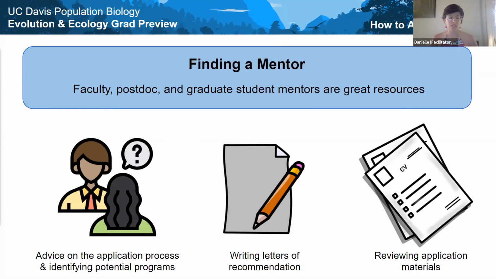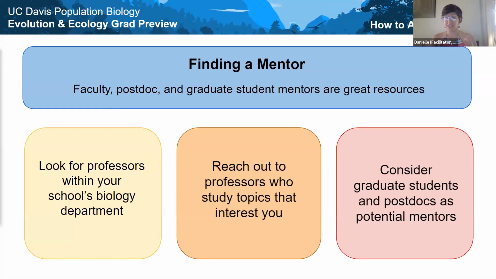So they can look over your CV, your statements, your general research emails, or not research emails, but emails to professors that you will reach out to. They could even help you format that. And so if you don't have this kind of mentor, there's a lot of ways to do this.